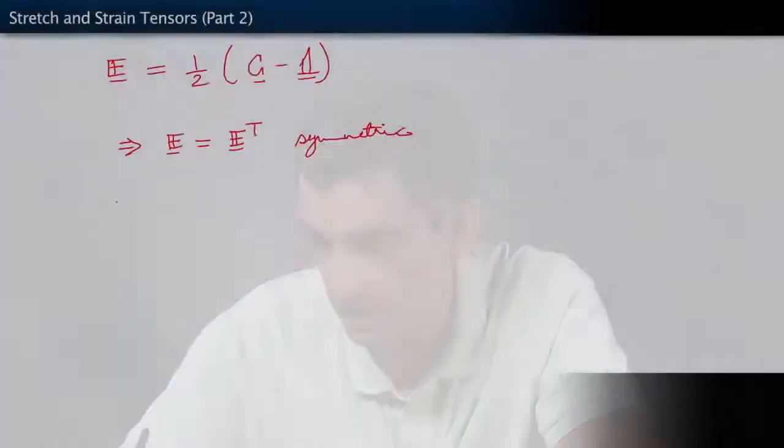Does E have to be positive definite? Does E turn out to be positive definite? Think about it. Is there any reason for E to be positive definite just as C is? Well, let's find out. In order to check if a tensor is positive definite, all we have to do is have it act on a vector and dot the result with the same vector as we started with, right? Just as we did for C. So let's check.